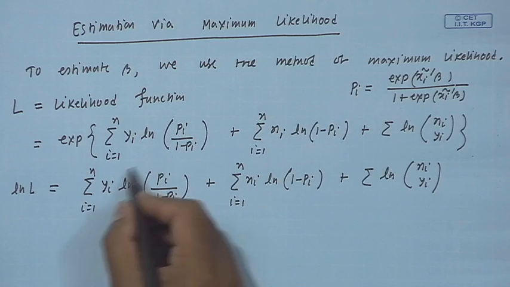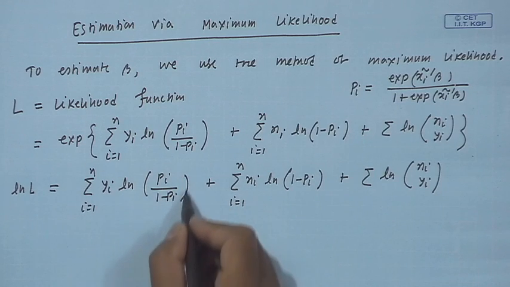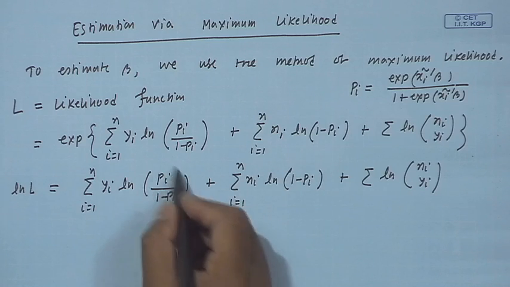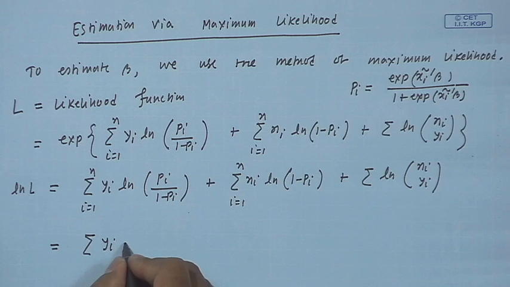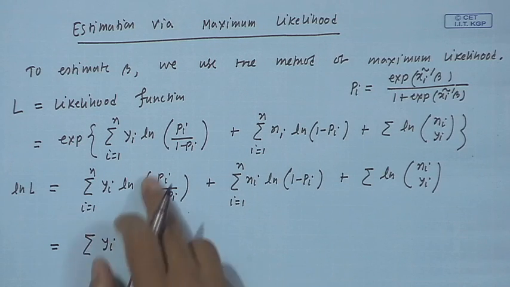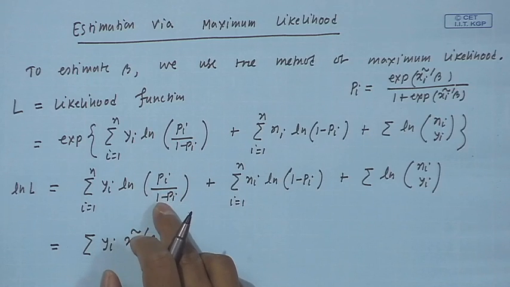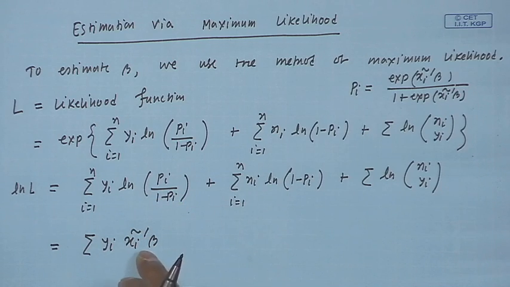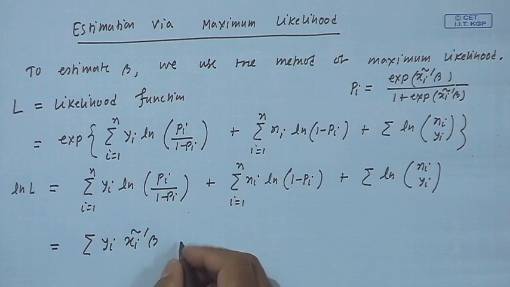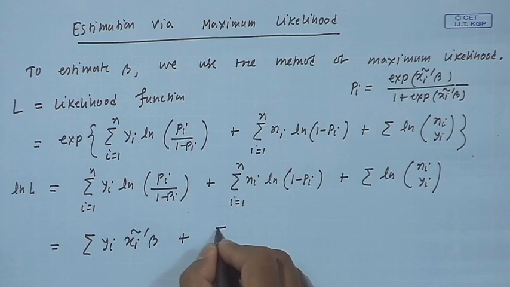So, you can check that ln of p_i by 1 minus p_i is x prime beta, right. So this one is the summation of y_i x_i prime beta, because ln of p_i by 1 minus p_i equals x prime beta, from there only we get this, plus the sum over i from 1 to n.